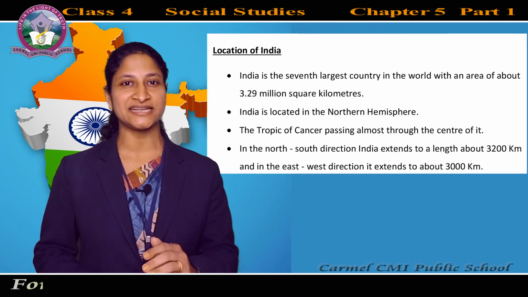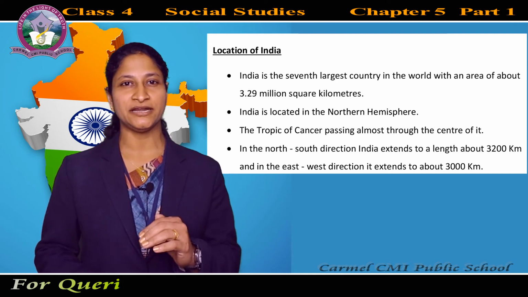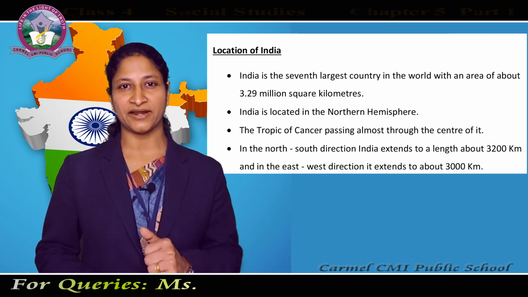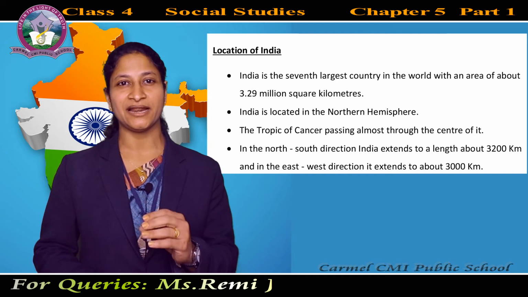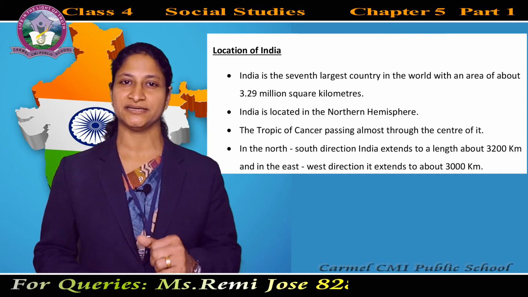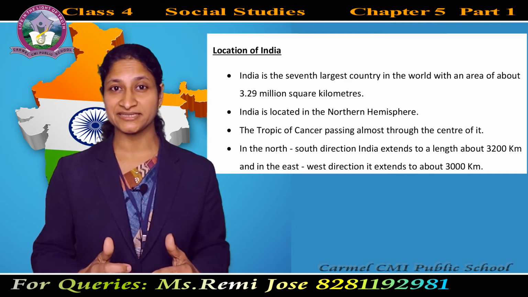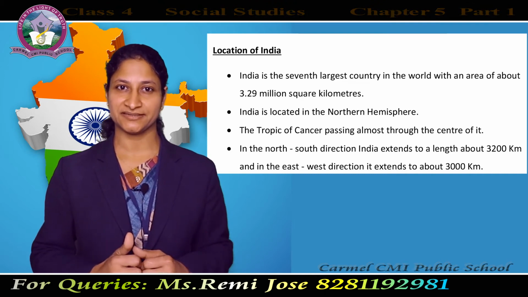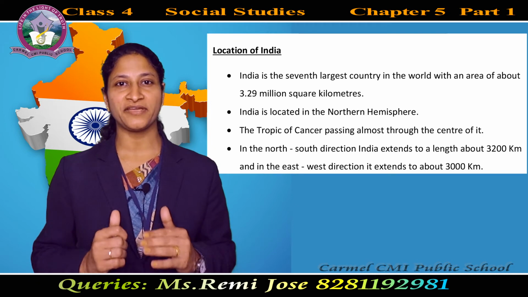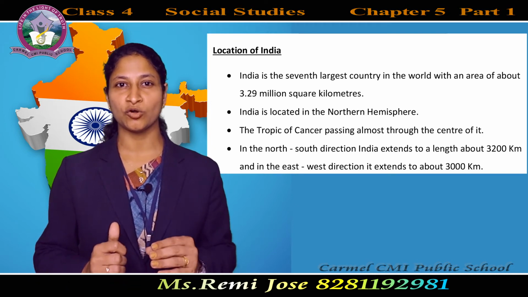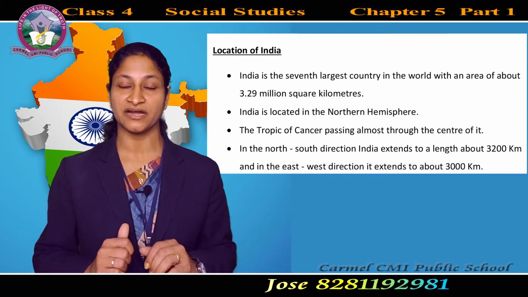And in the first lesson we have studied about different types of latitudes, some important latitudes on the earth. Latitudes are also imaginary lines on the earth's surface. The Tropic of Cancer passes almost through the middle of our country.